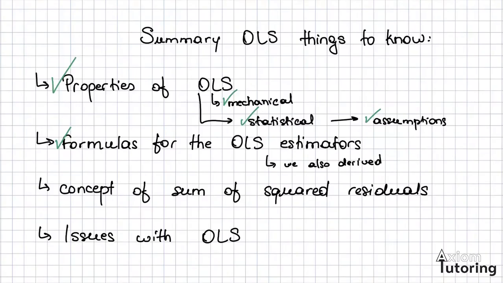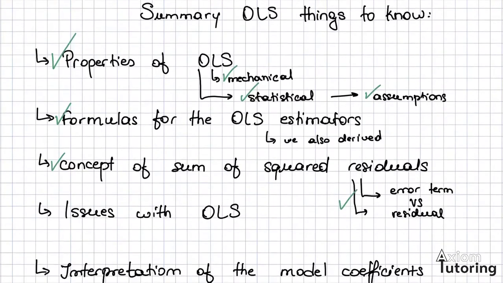We also have a video on why it's important to look into the sum of squared residuals. One more thing that we saw was the distinction between the error term and the residual, and why it was so important to know the distinction between the two.